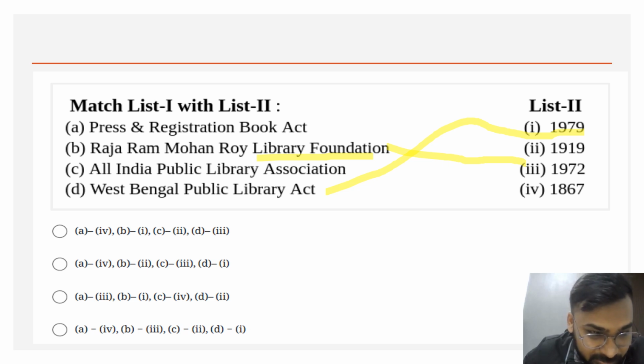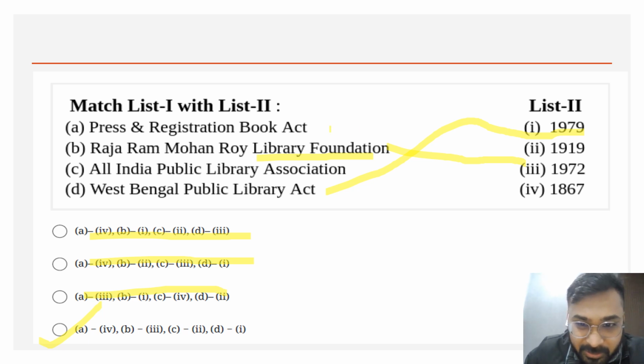So B3 is incorrect. With this only we are able to eliminate. It is B3, Raja Rammohun Roy Foundation, 1972, and A would be 4, Press Registration Book Act 1867, and 3C, that is the All India Public Library Association.